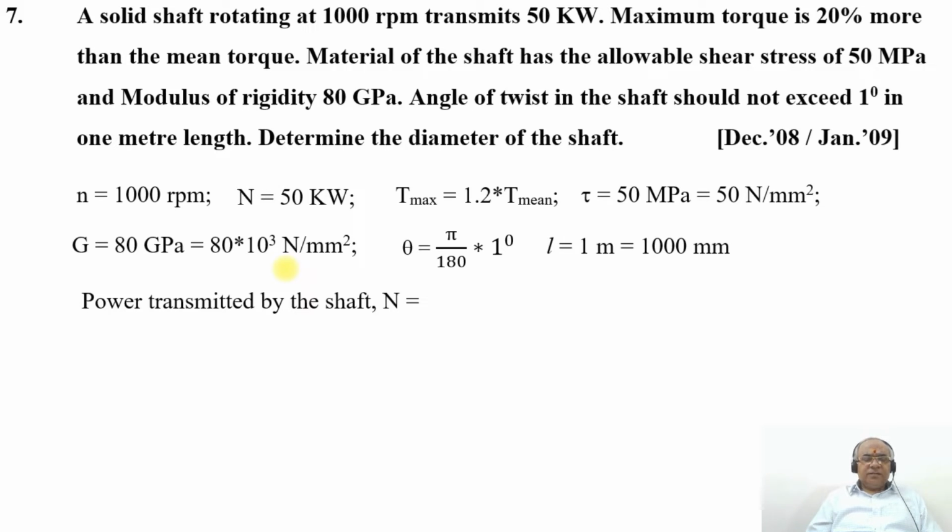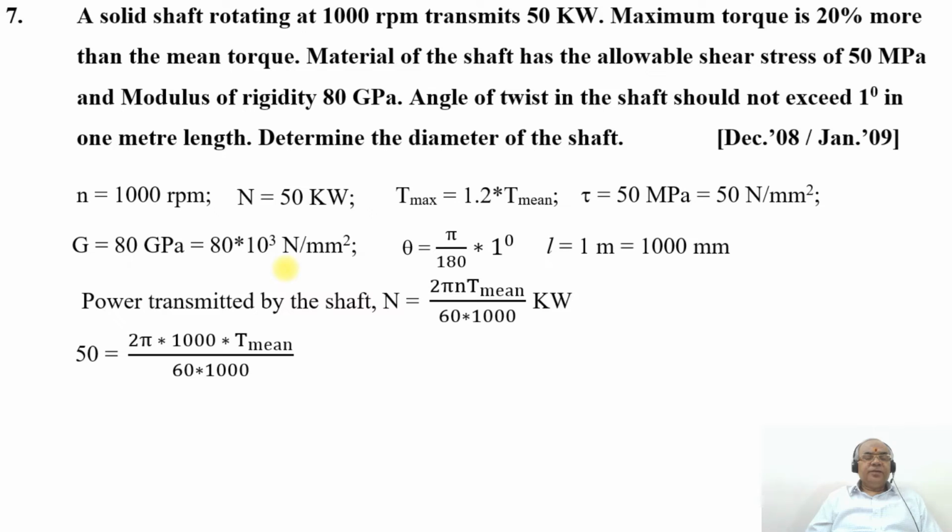Since he has given power, the power transmitted by the shaft, capital N, will be equal to 2 pi N T mean by 60,000. So substitute the value of capital N as 50 and small n as 1000. So 50 will be equal to 2 pi into 1000 into T mean divided by 60,000.